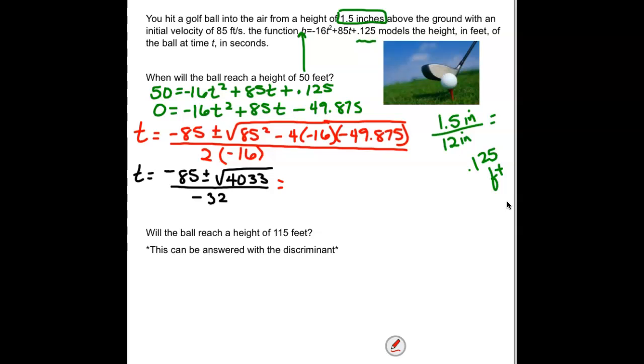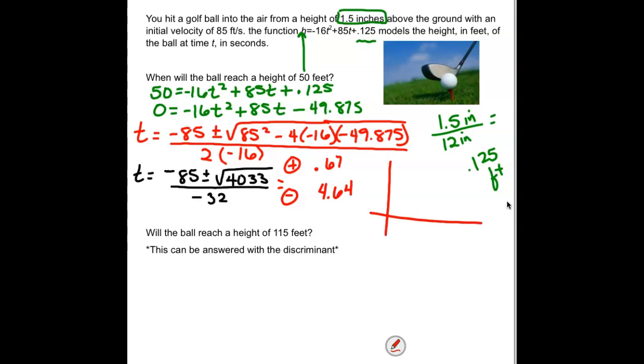What we get if we use the plus sign in our equation. So negative 85 plus the square root of 4,033. And then that whole quantity divided by negative 32. We get 0.67. And if we use the minus sign in our equation, we end up with 4.64.